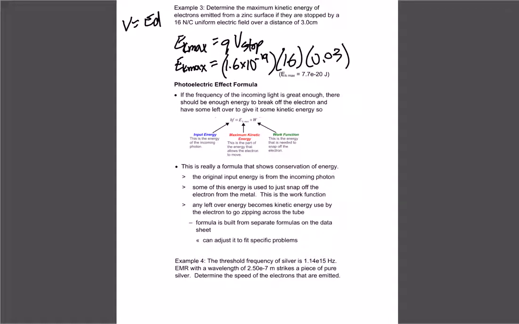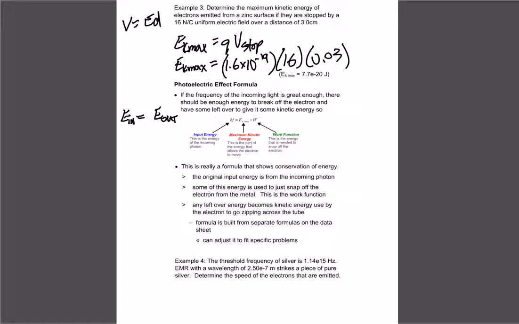So what we're going to do is we're going to put all of these formulas together now into sort of a new formula that we use quite often. So we basically, in this situation, are really dealing with conservation of energy. We have energy coming in terms of the light, and then we have energy going out in terms of the electrons.